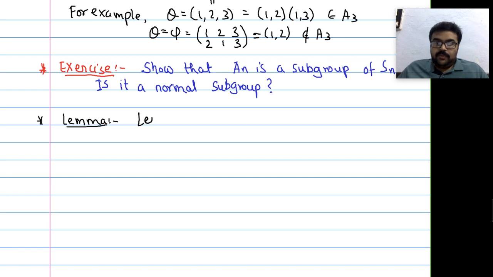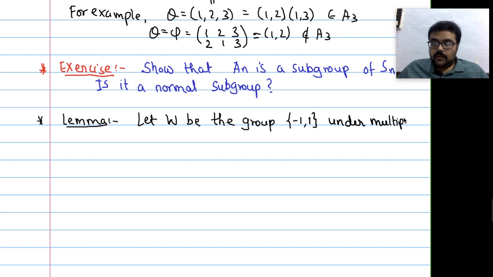So let W be the group {1, minus 1} under multiplication. So W is this group, and define psi from Sn to W. How do we define it?